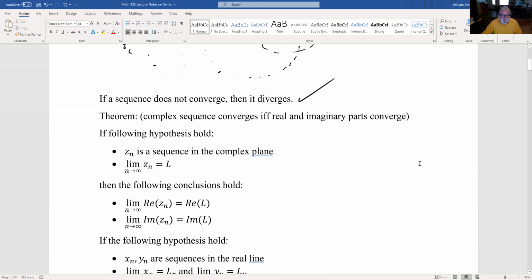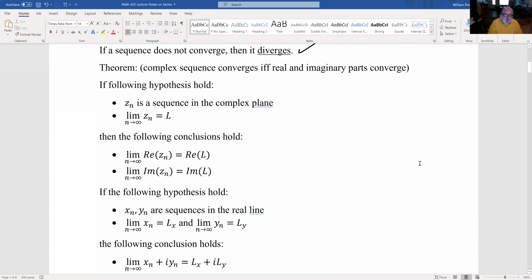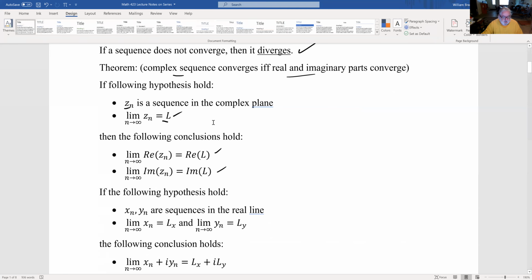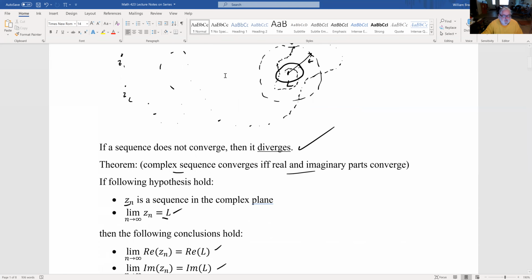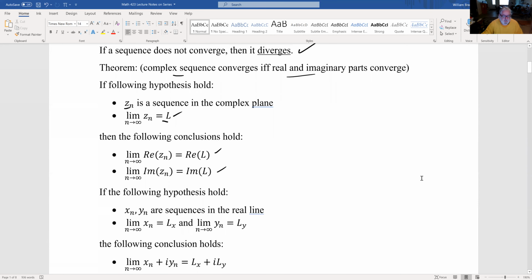So a nice theorem, and kind of an obvious one, is that a complex sequence converges if and only if the real and imaginary parts converge. So if zn is this sequence in the complex plane and zn has limit L, then the real part of zn and the imaginary part of zn converge to the real part of L and the imaginary part of L. I'm going to draw a picture of this.